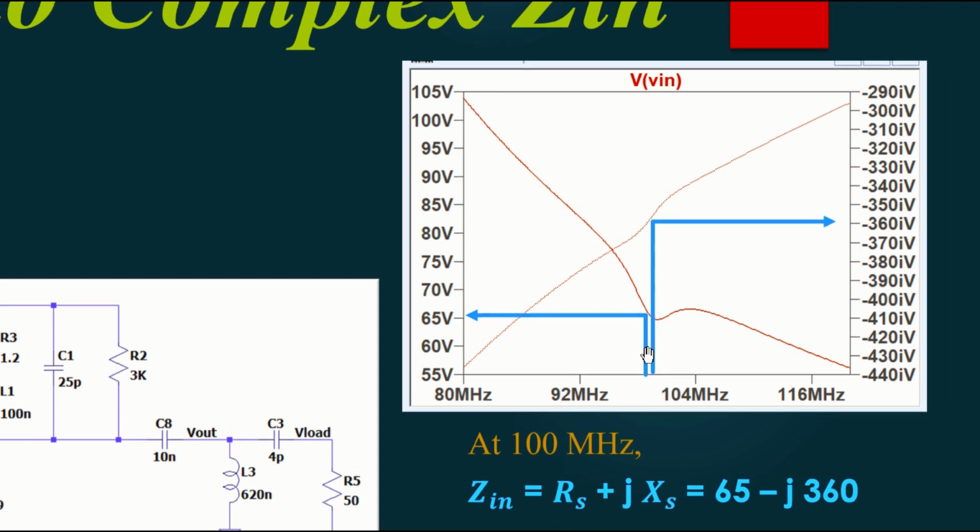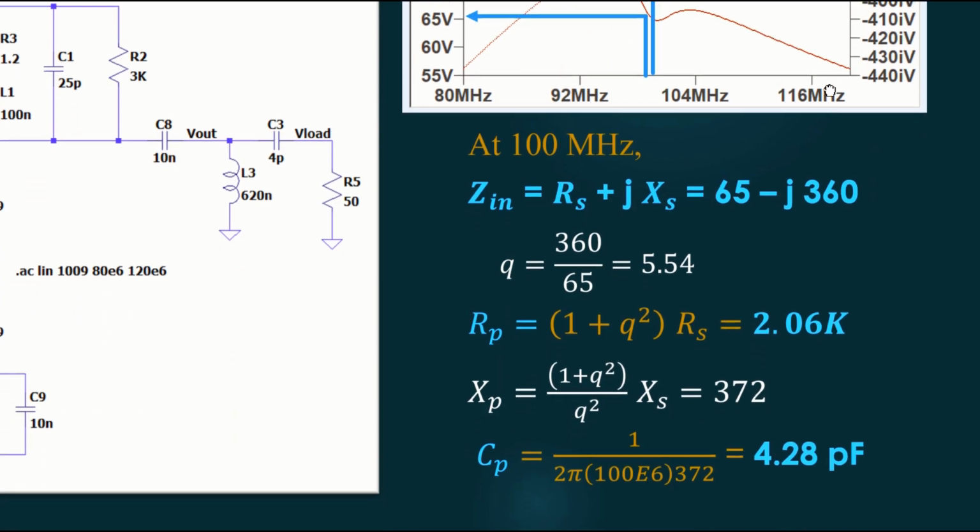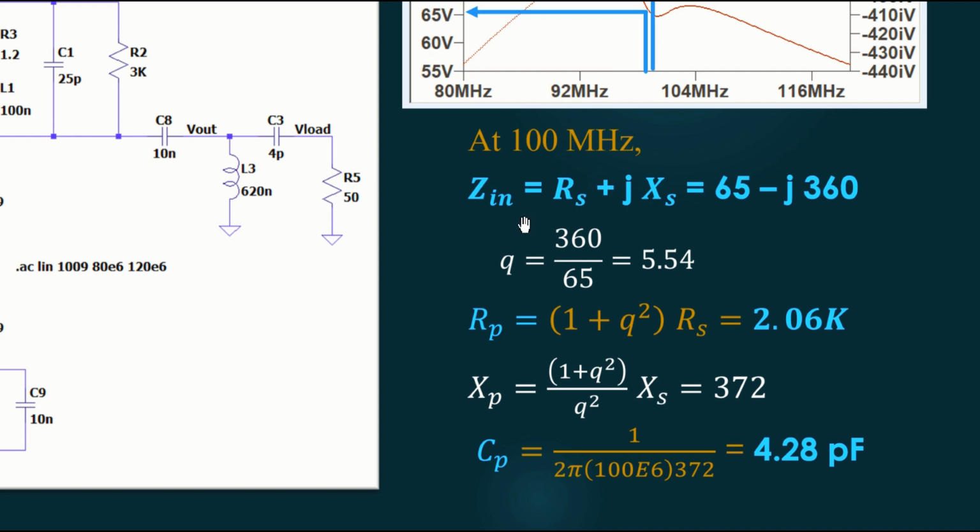And it says that the series resistance is about 65 ohms, and series reactance is about minus J360. So, at 100 megahertz, this is what the simulator tells us, but we want it in the parallel form, so we go through those formulas. And it works out to be 2.06K, basically 2K, in parallel with about 4.3 picofarads.